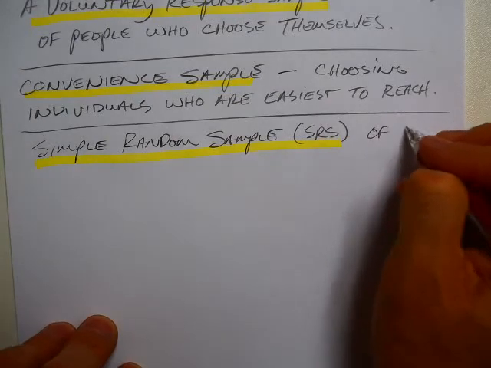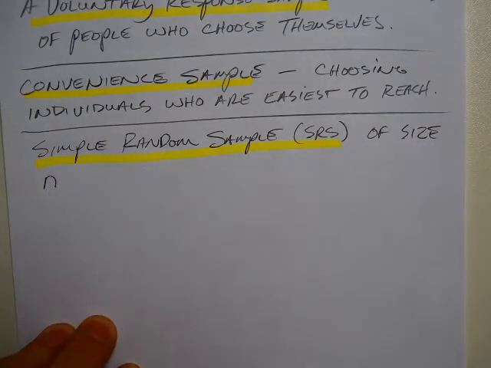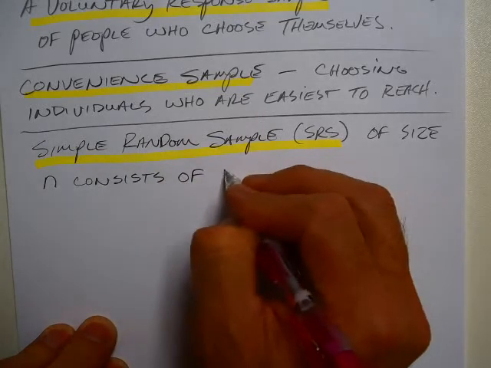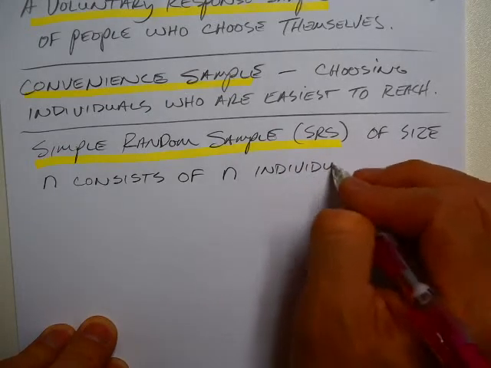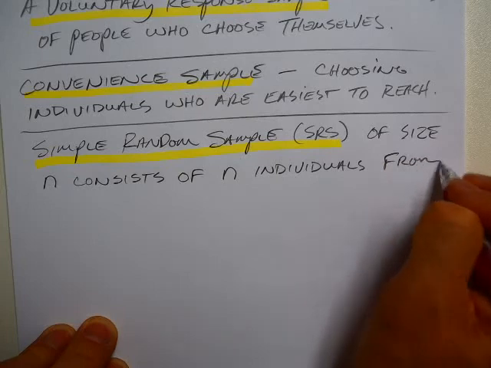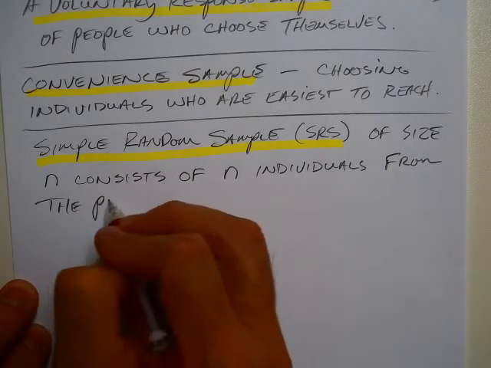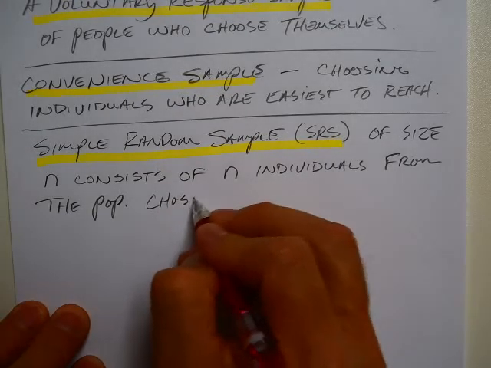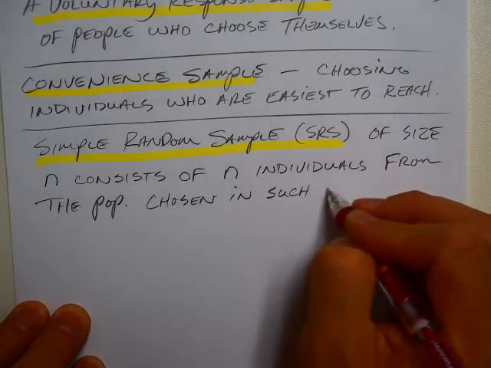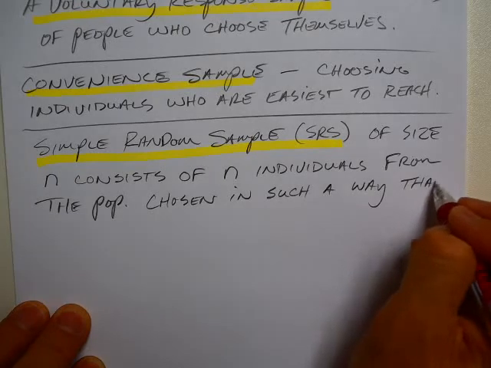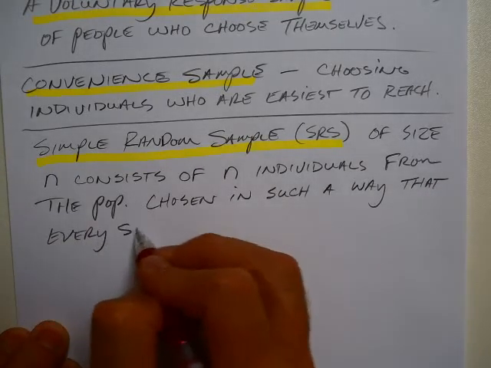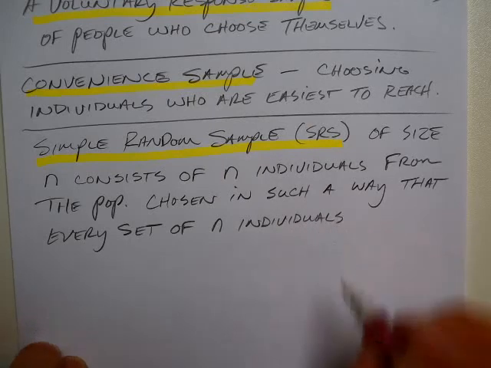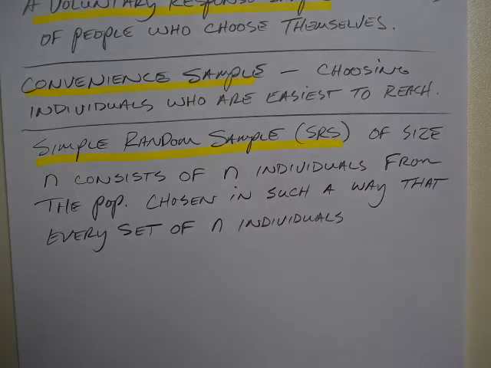A simple random sample of size n consists of n individuals from the population chosen in such a way that every set of n individuals has an equal chance of being the sample selected.